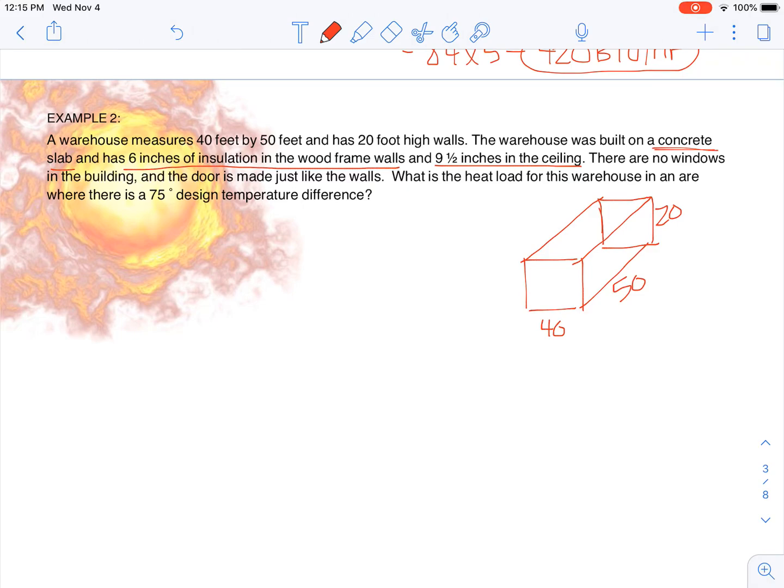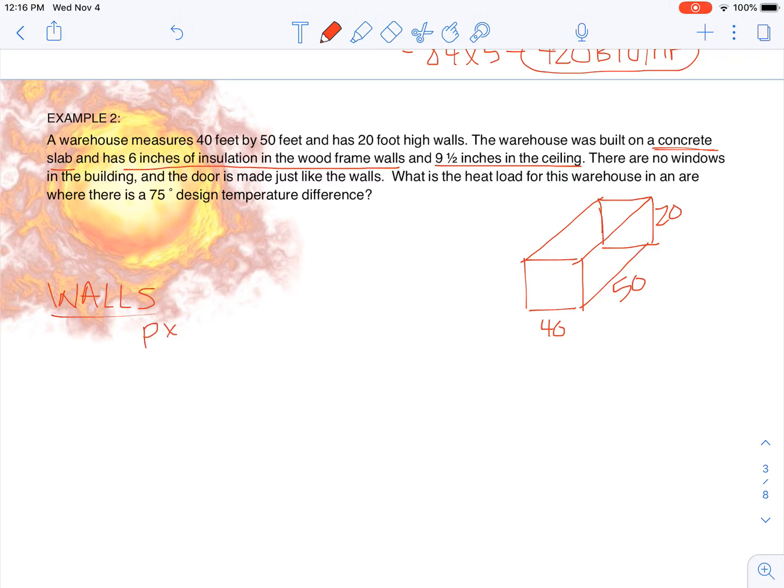So for the walls, what we could do for the area of the walls is find the area of all the individual pieces and then add them together. But you can also do the perimeter times the height.